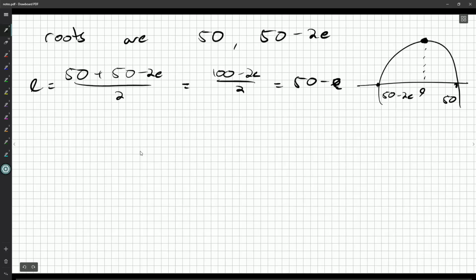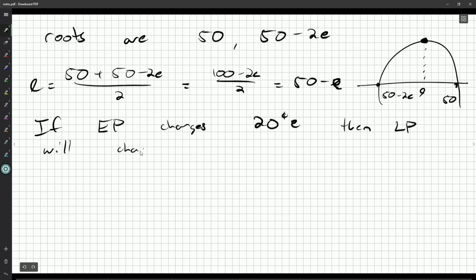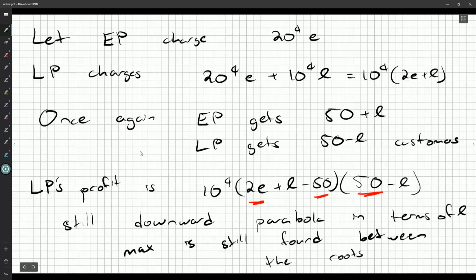But okay, so if EP charges 20 cents times E, then Lino's Pizza will charge 10 cents L more. And if it's negative, that technically means less, but don't worry about that. Okay. We need to work out this L so that we can figure out how many customers Aaron's Pizza will get.